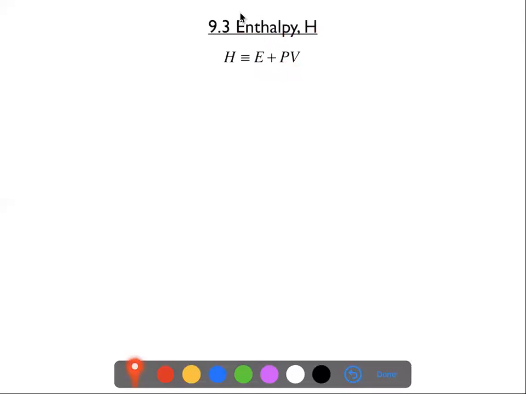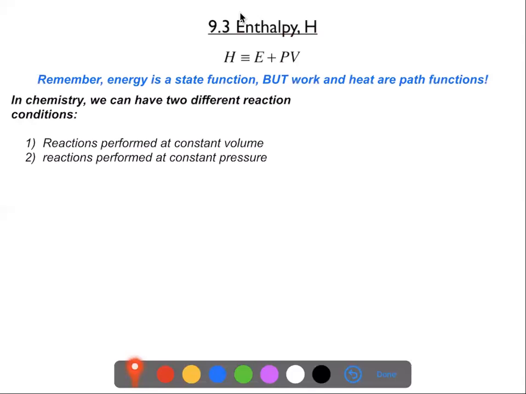We'll talk about that in a second. When we think about this, energy is a state function, and enthalpy is also a state function. So the only thing that's going to depend on enthalpy is your initial state and your final state. And the only thing that depends on energy is the initial state and the final state. Heat and work are path functions.